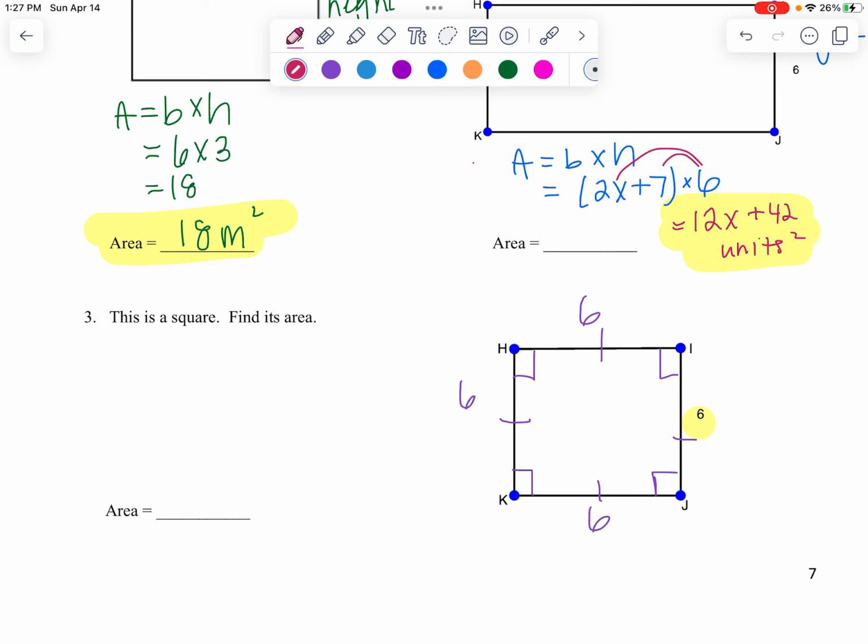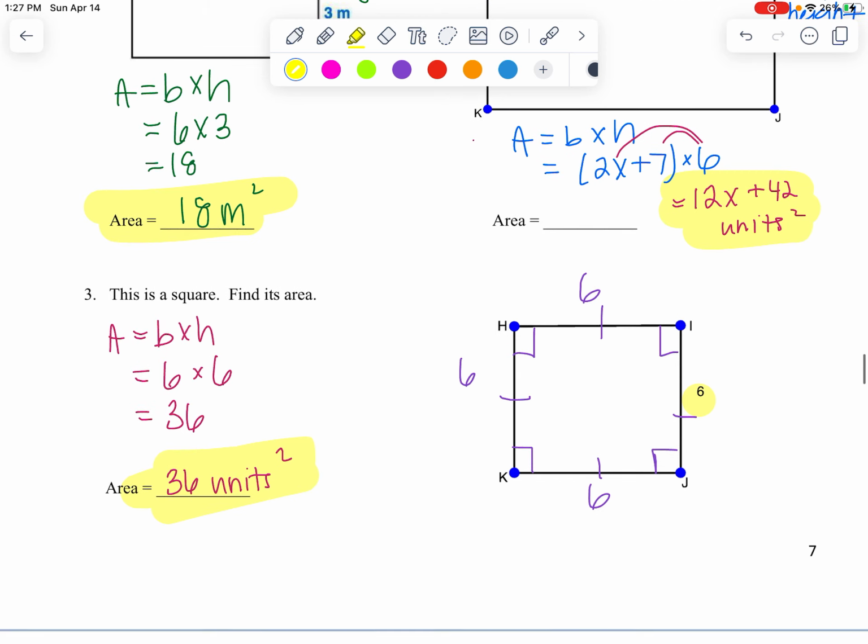Again, go ahead and write the formula. A is equal to base times height. The base is going to be 6. The height is also going to be 6. 6 times 6, we get 36. Again, we don't know what the unit is, so I'm going to say units, and we need squared. Units squared. All right, that's it for our notes today.